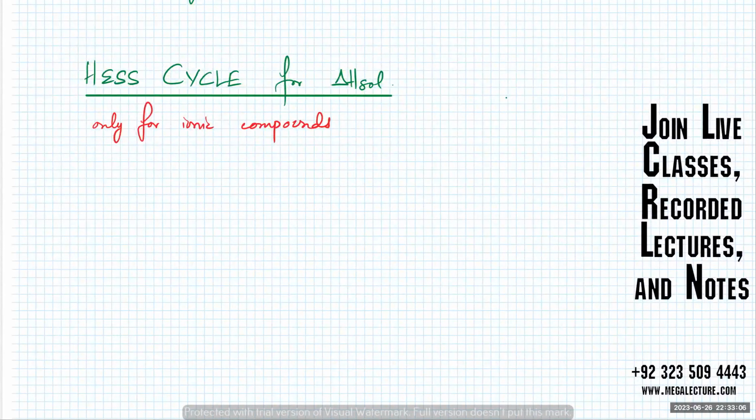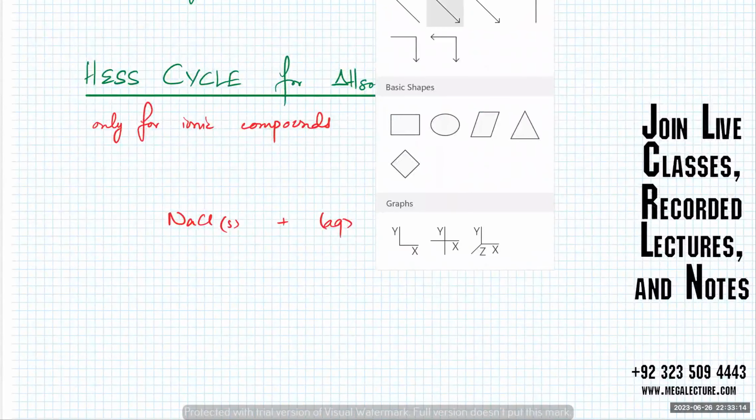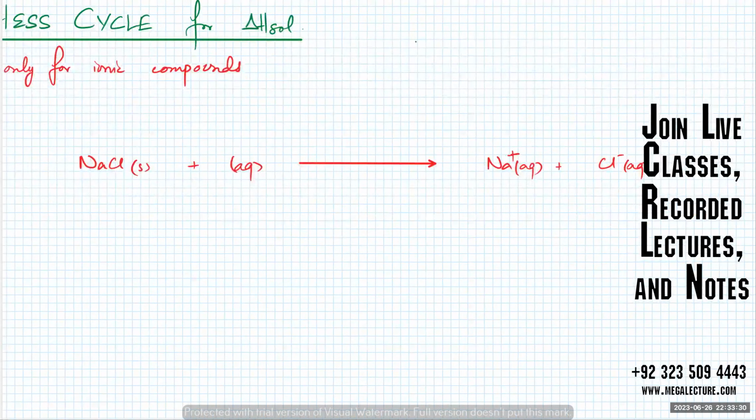Let's say I've got NaCl solid plus aqueous, and it's going to dissolve and turn into aqueous ions. So it's going to become Na+1 aqueous and Cl-1 aqueous. Now that's your enthalpy of solution.